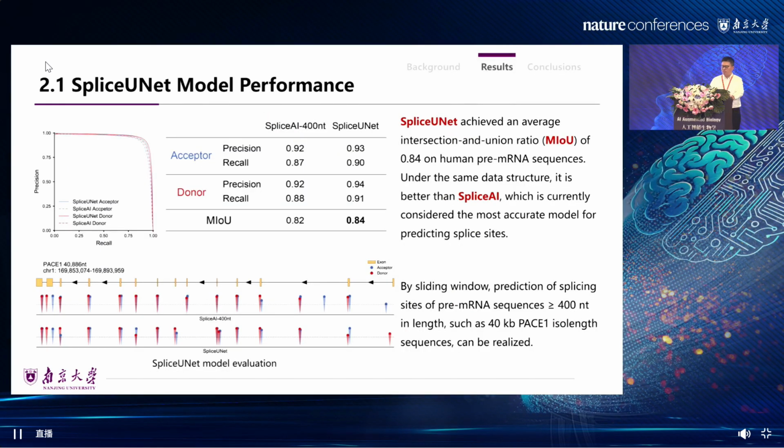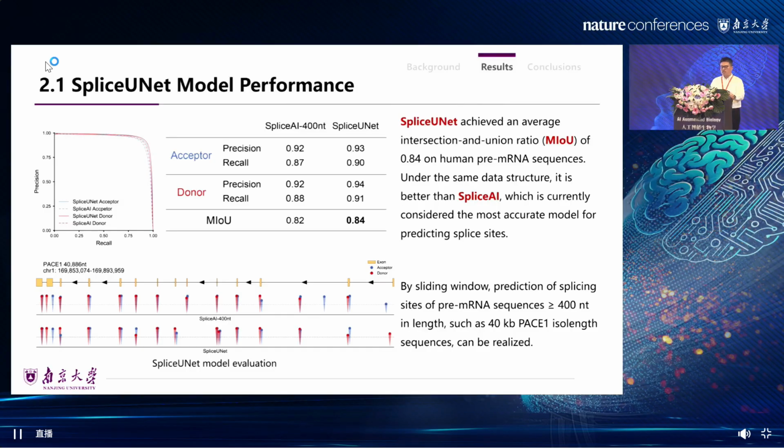How well does it perform? SpliceUNet achieved an average intersection over union ratio of 0.84 on human transcript data. When compared directly with SpliceAI, currently considered the state-of-the-art model, SpliceUNet showed superior accuracy under identical conditions.